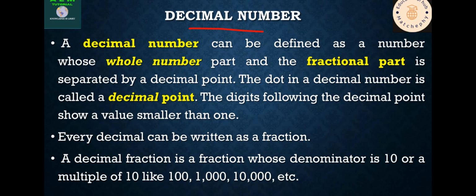The dot in a decimal number is called a decimal point. The digits following the decimal point show a value smaller than 1. Every decimal can be written as a fraction. A decimal fraction is a fraction whose denominator is 10 or a multiple of 10 like 100, 1000, 10,000, etc.